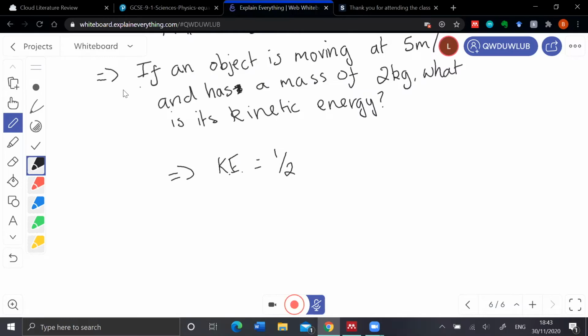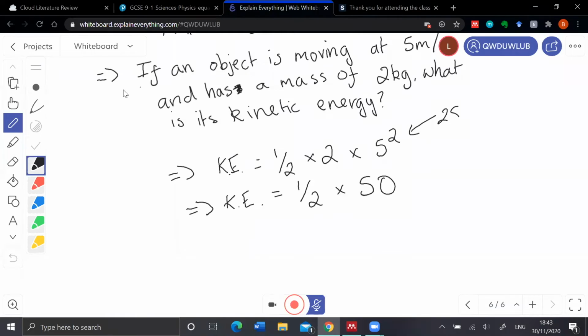Half times mass 2 times v squared. 5 squared is 25. 2 times 25 is 50, and half of that is 25. KE equals 25 joules. Okay, so it's easy as that.